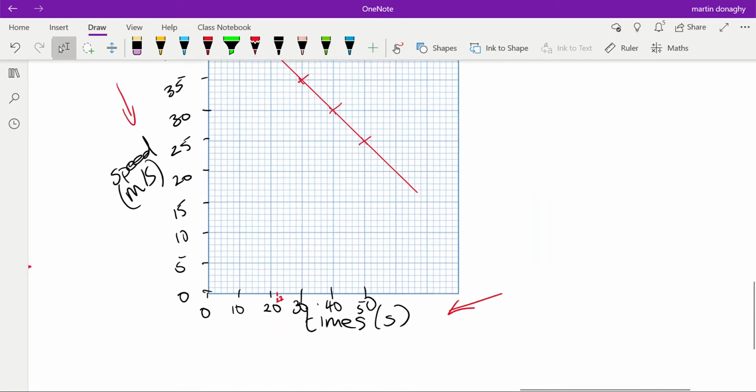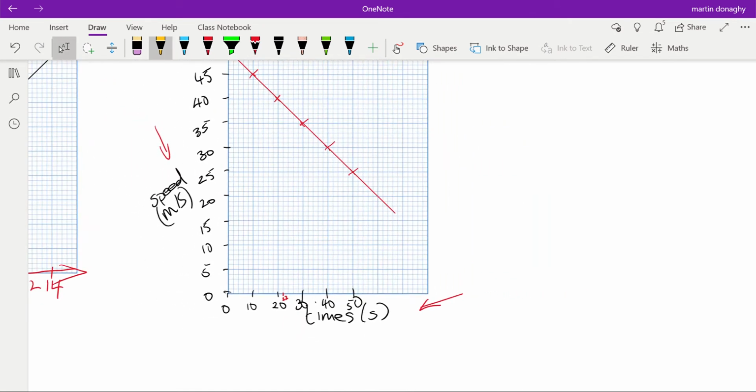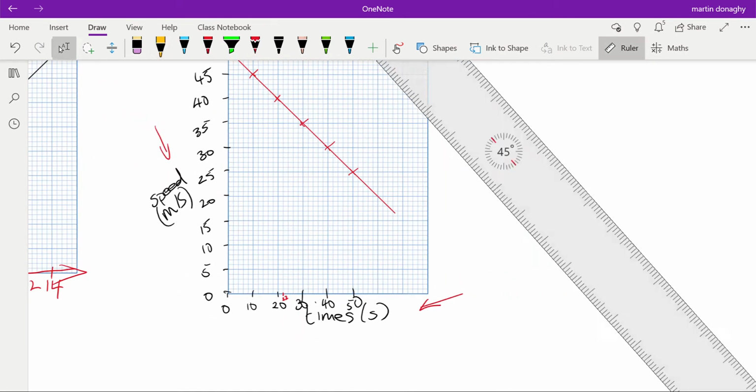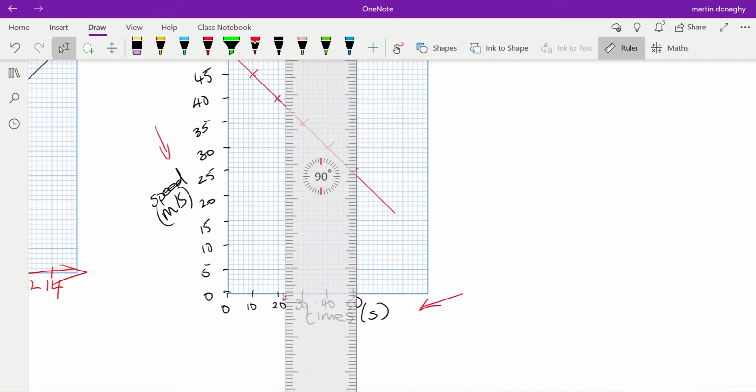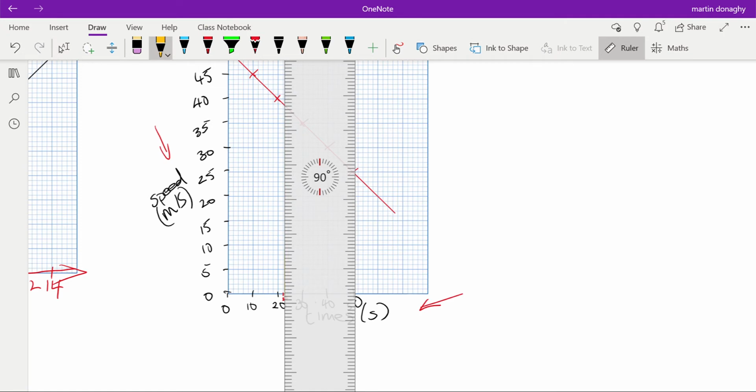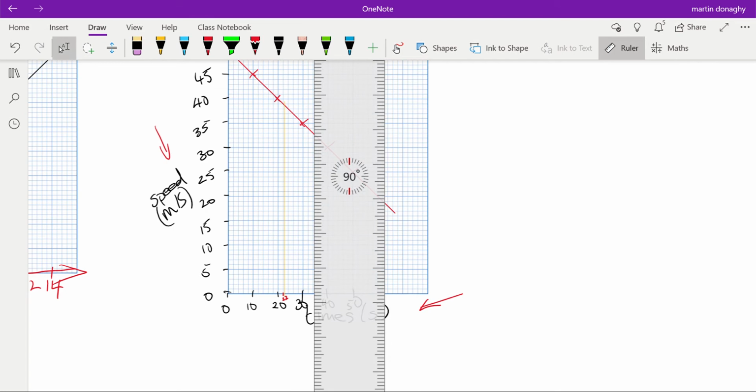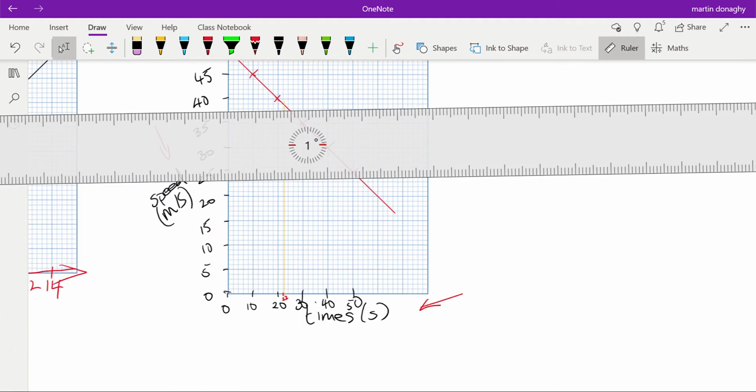So what I need to do is, and I'll do it in a different color, take my ruler and draw a line up at 22, roughly about there. It's quite faint, I'm a little bit off, but it'll do the job.